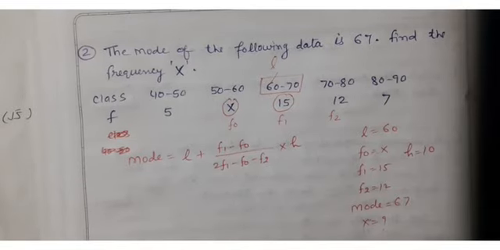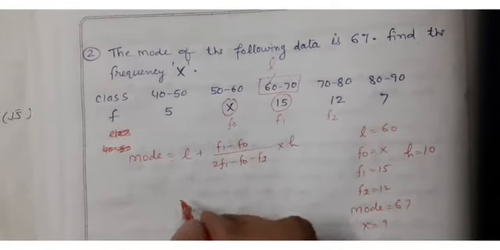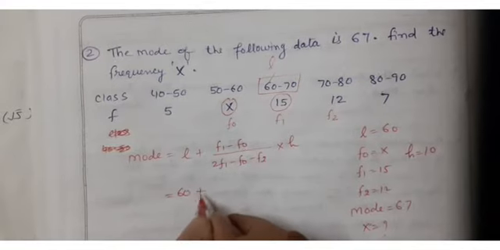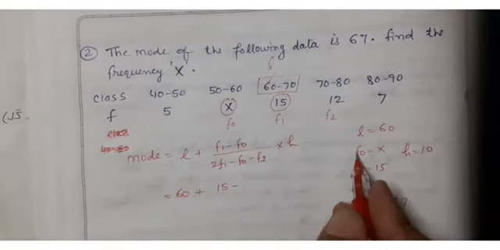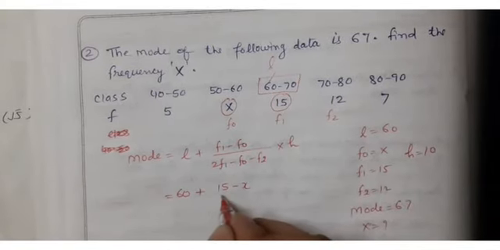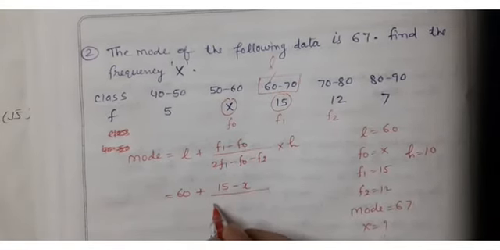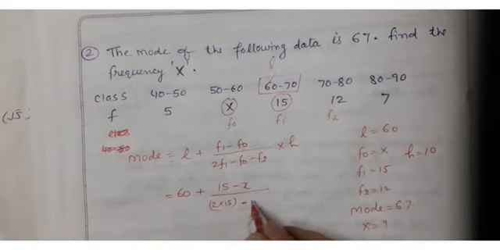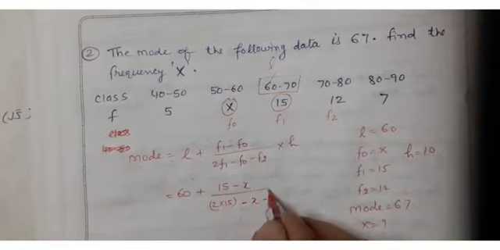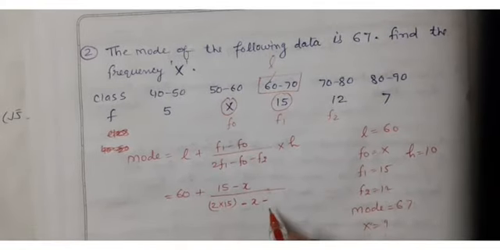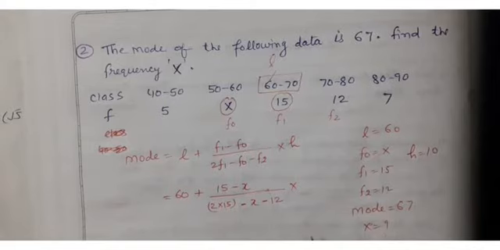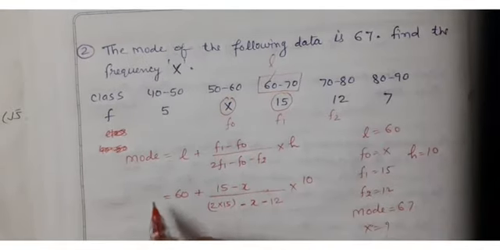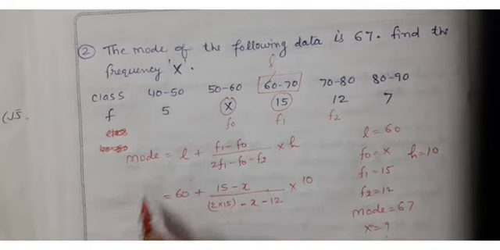Then put the values one by one. What is L? L is 60. What is f1? It is 15. What is f0? F0 you can say this is x. 2f1, 2 into 15 minus f0 x minus f2. F2 is 12, into h, which is 10. Then what is mode?